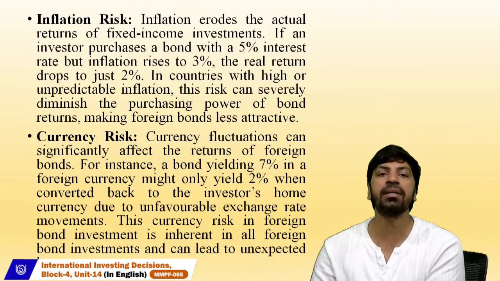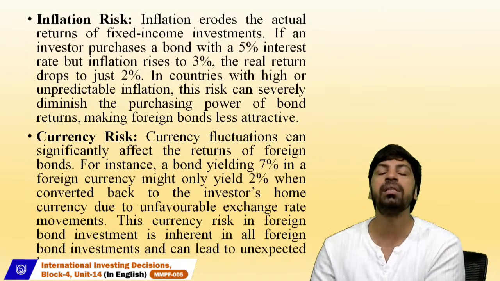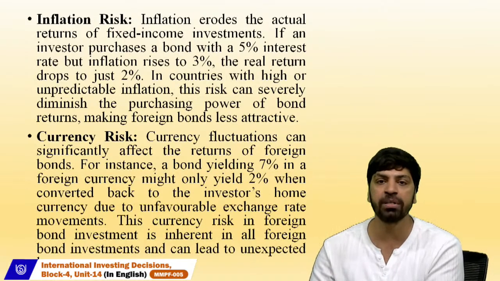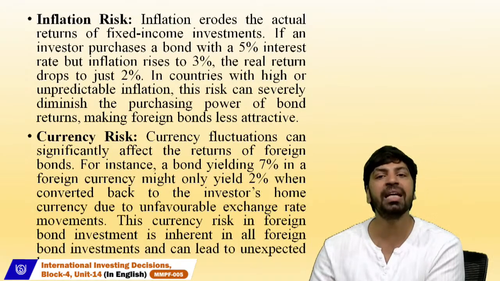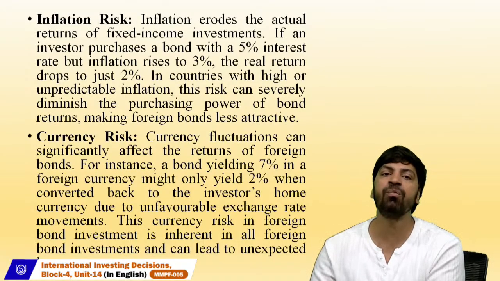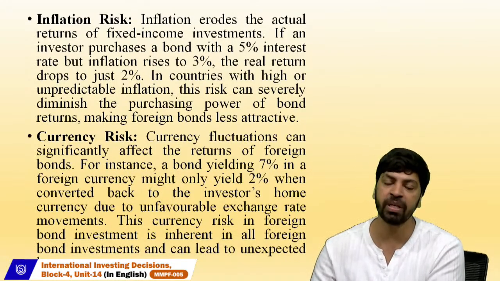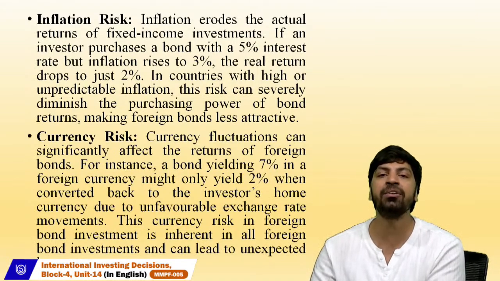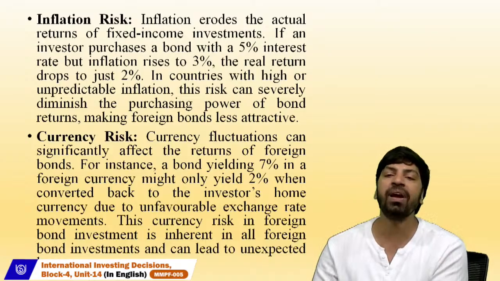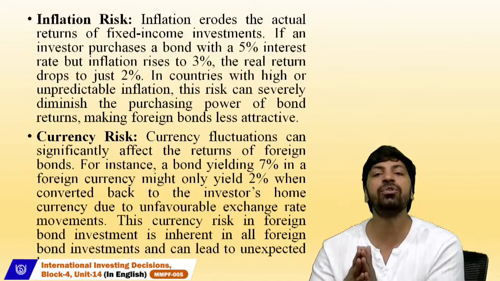Next one is the currency risk. Currency fluctuation also impacts the returns of foreign bonds. Let's take an example. A bond that yields 7% in a foreign currency might only yield 2% when converted back to the investor's home currency. So if in the US the bond yield rate is 7%, and when it is converted back to Indian currency in India, it yields 2%.